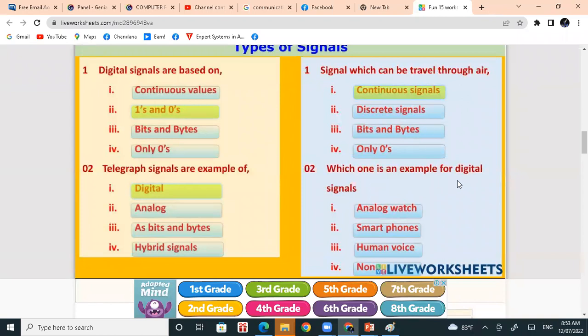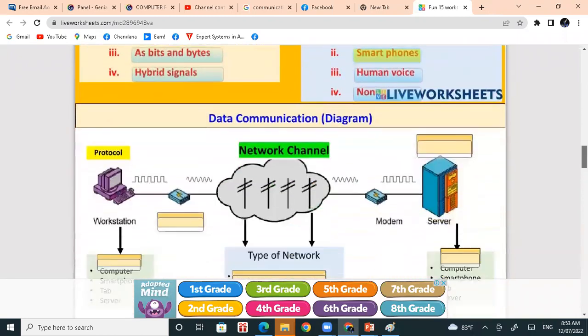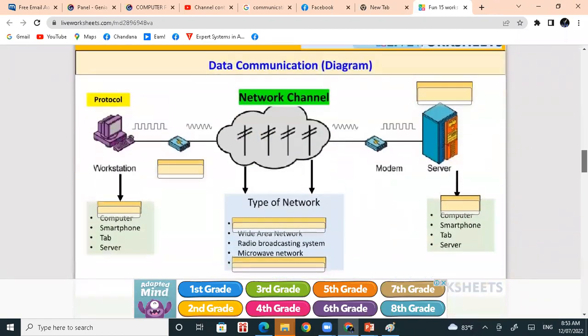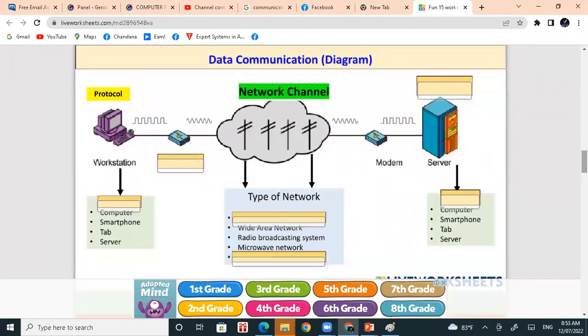Which one is an example of a digital signal? Smartphones. Yes, smartphone is a good example for generating digital signals. Right. Then on the next slide, they are asking to fill in the blanks. This diagram, I think all of you can remember, shows the elements of a data communication system.